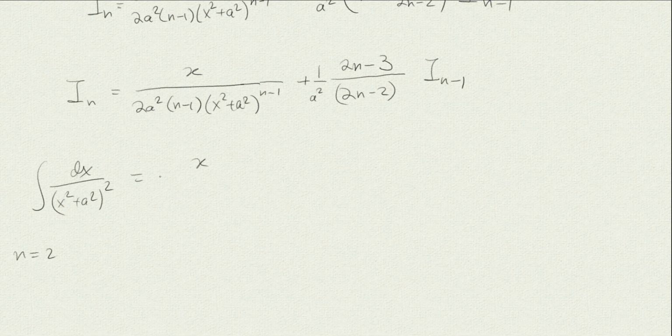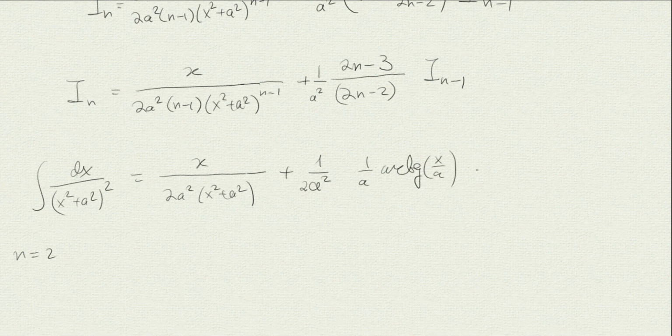Here we would have x, and here we would have 2a squared times n minus 1, which is 1, times x squared plus a squared, and then we need to take 1 over a squared, and here n equals 2, so it's 4 minus 3, so this is 1, and here it's 4 minus 2, so it's 1 over 2, and then the integral of this is I_1. I_1 is actually 1 over a, just the arctangent of x over a, and all of this just plus a constant, and we are done.